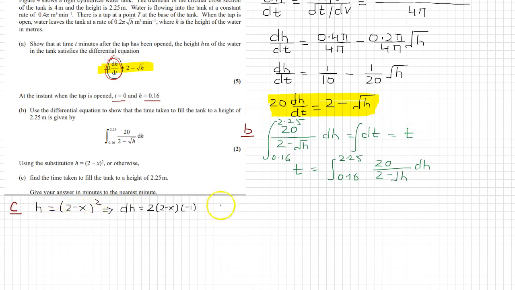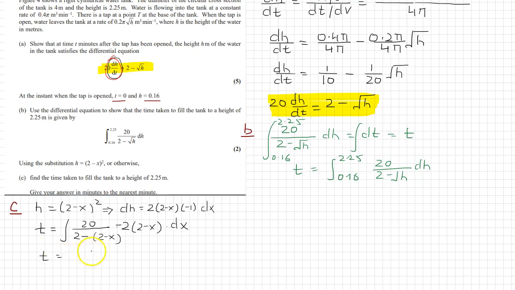So we can say t is equal to the integral, this is 20 over 2 minus root h, which means 2 minus x, and dh is minus 2 times 2 minus x dx.